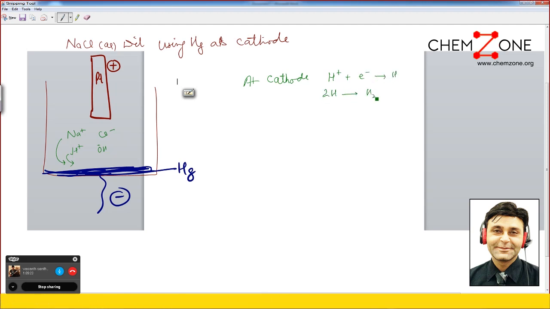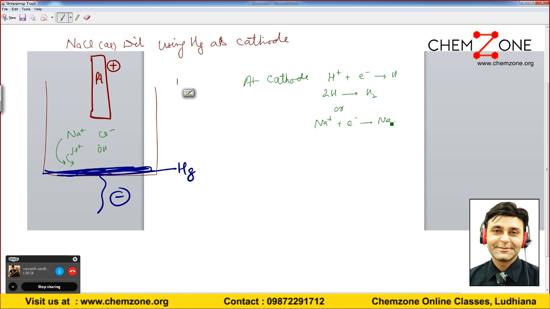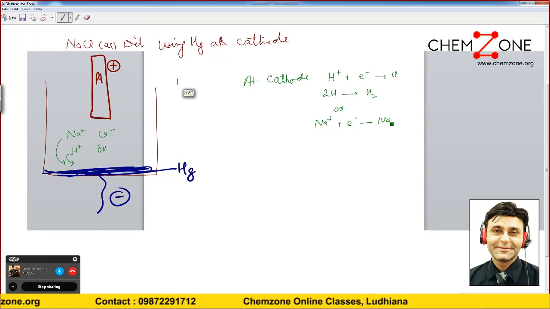Sodium, because it has the lower potential? No. Hydrogen has higher potential, right? So we are expecting that hydrogen should get reduced here, but actually it does not happen.